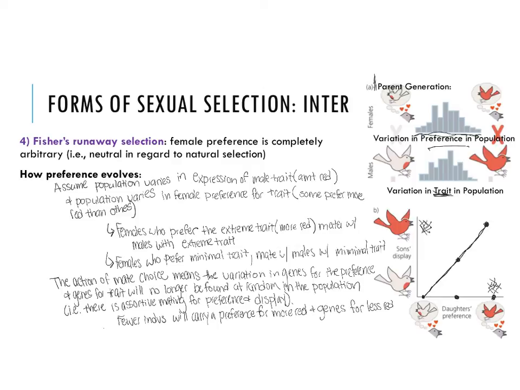It is in a way that correlational selection that we've talked about in the modes of selection. Okay? More individuals will carry a preference for more red and the genes for more red.